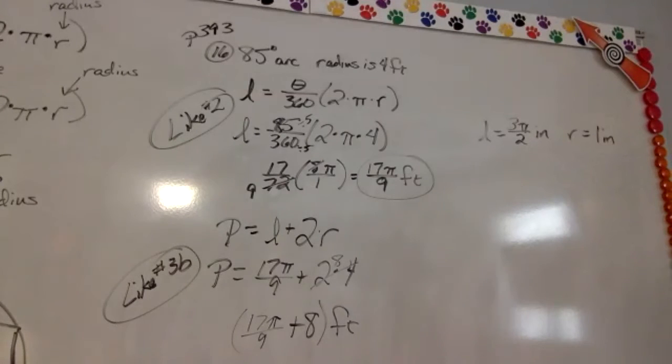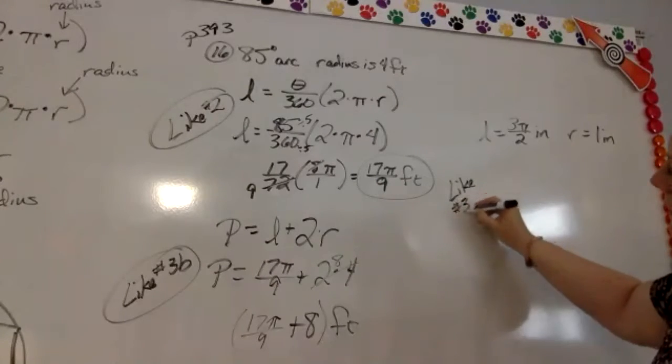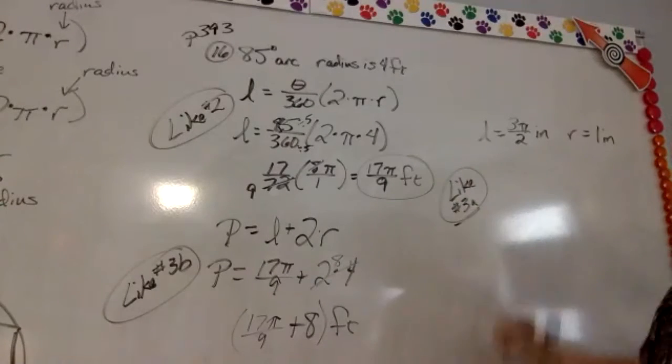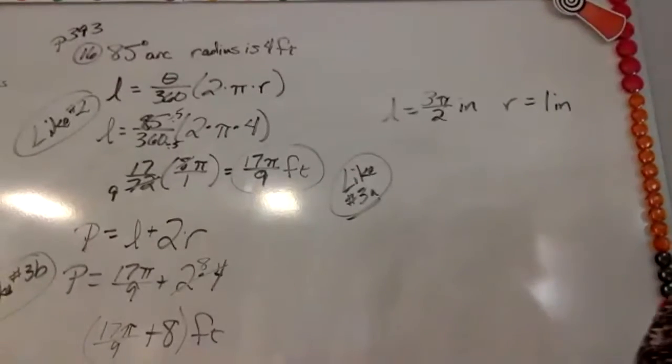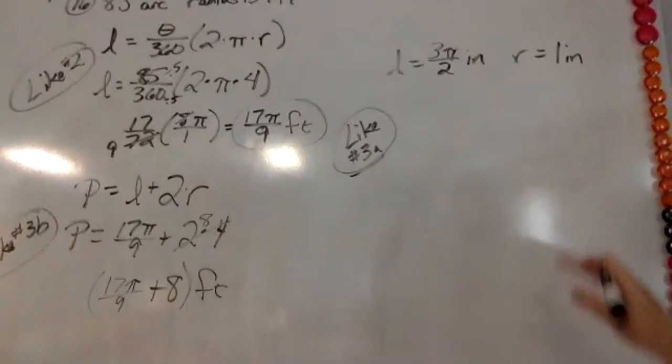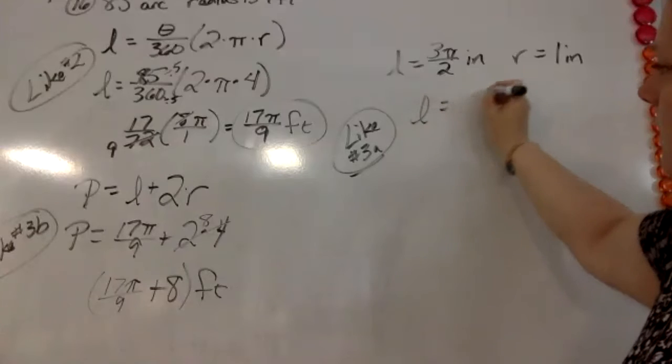Okay, let's do that one backwards. So this will be like 3A. The one I'm doing now is like 3A. I'm still using this same formula.